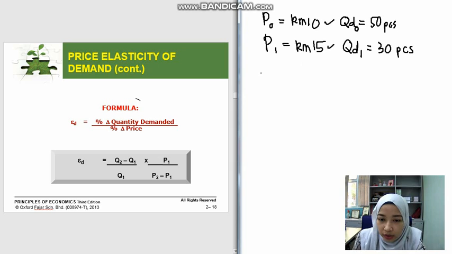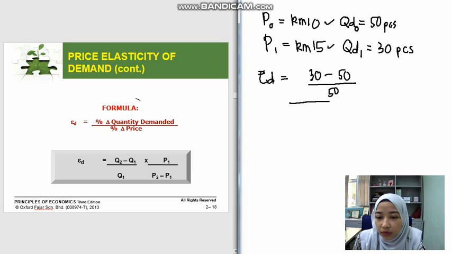What you can do here is do the calculation using the examples given, using the formula given in the slide. The formula for price elasticity of demand is the change in quantity demanded divided by the change in price. So you calculate the change in quantity demanded first, which is QD1 minus QD0, divided by QD0, 50.